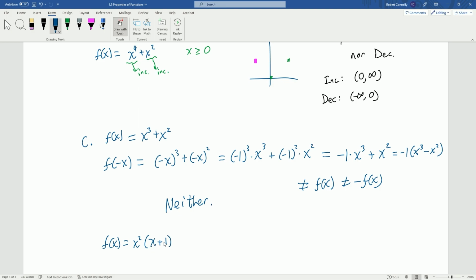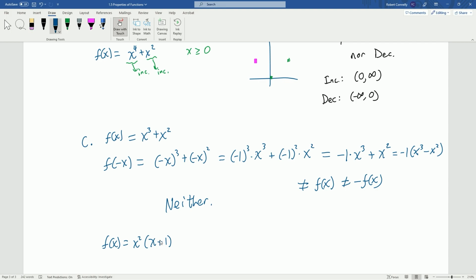So in this case, you can tell that these are both increasing for positive x values. Plug in positive x values, the value gets bigger. But it becomes more complicated when you have negative x values, because then the x squared becomes a decreasing function. And this one would still be an increasing function, so you have that conflict between the two components.